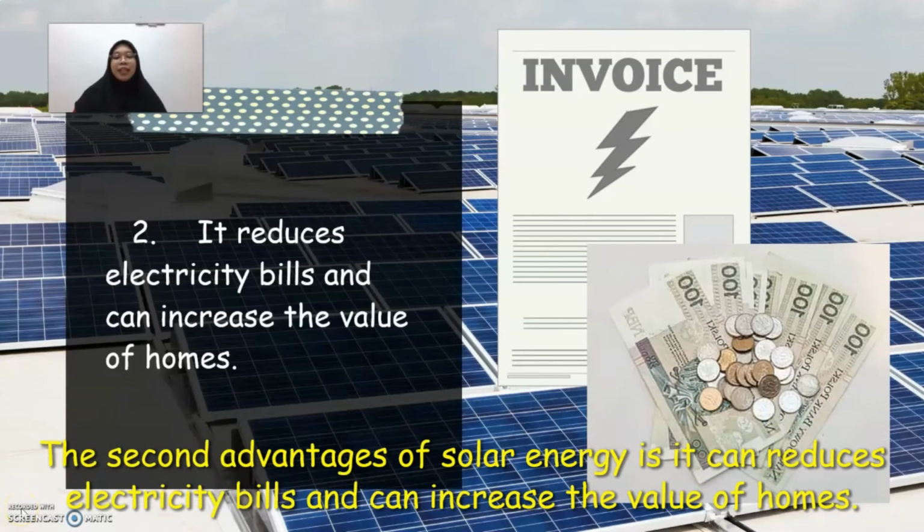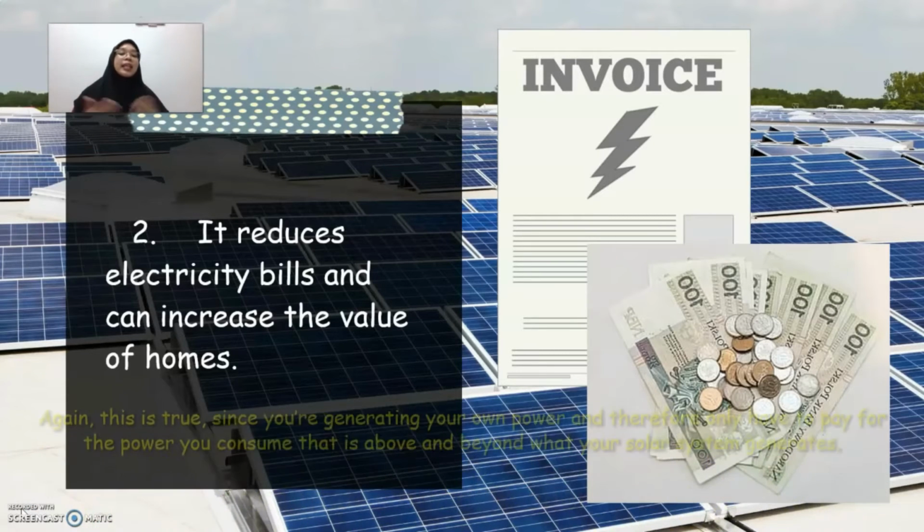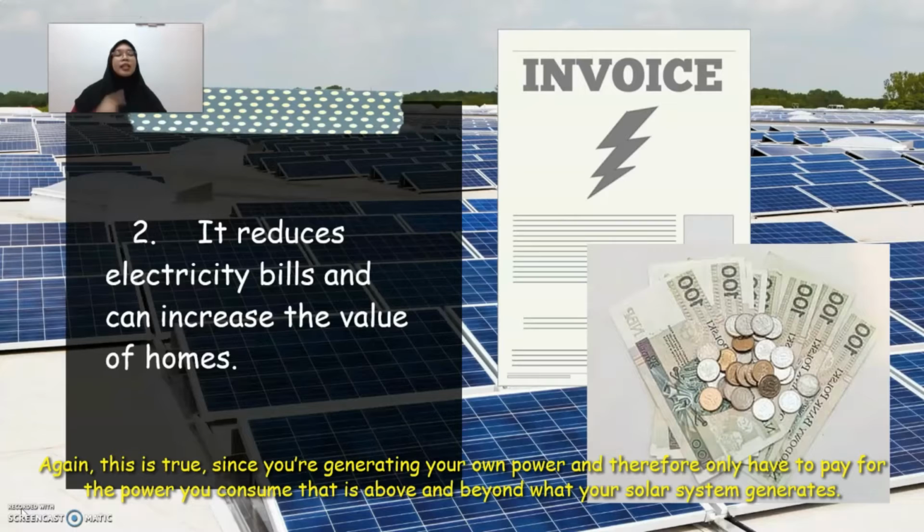The second advantage of solar energy is that it can reduce electricity bills and can increase the value of homes. Again, this is true since you are generating your own power and therefore only have to pay for the power you consume that is above and beyond what your solar system generates.